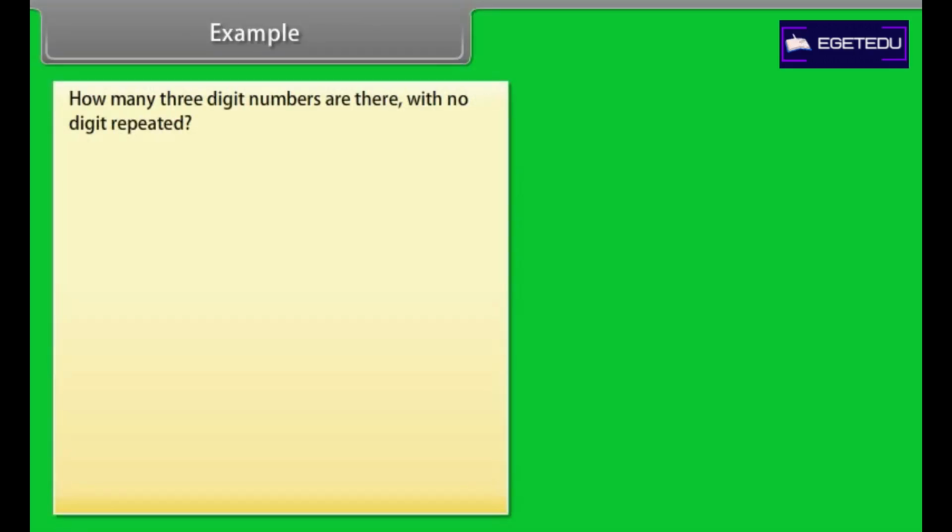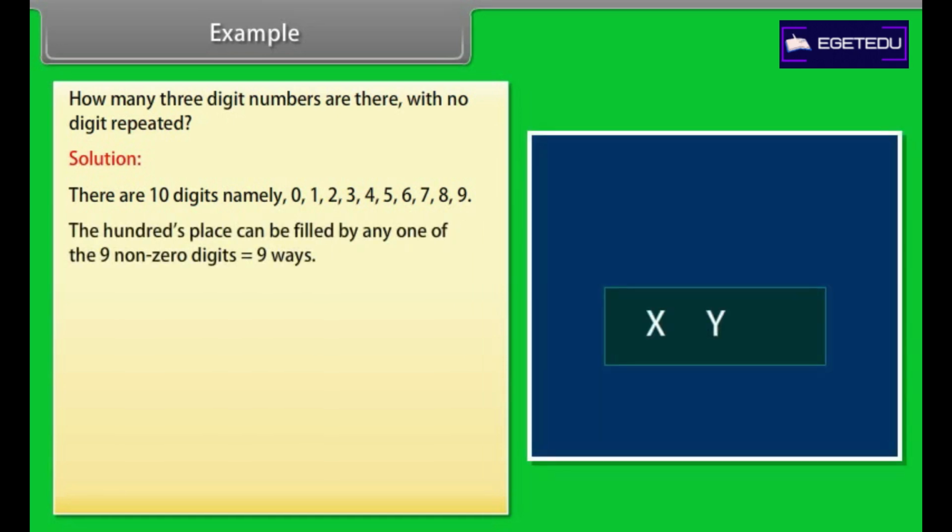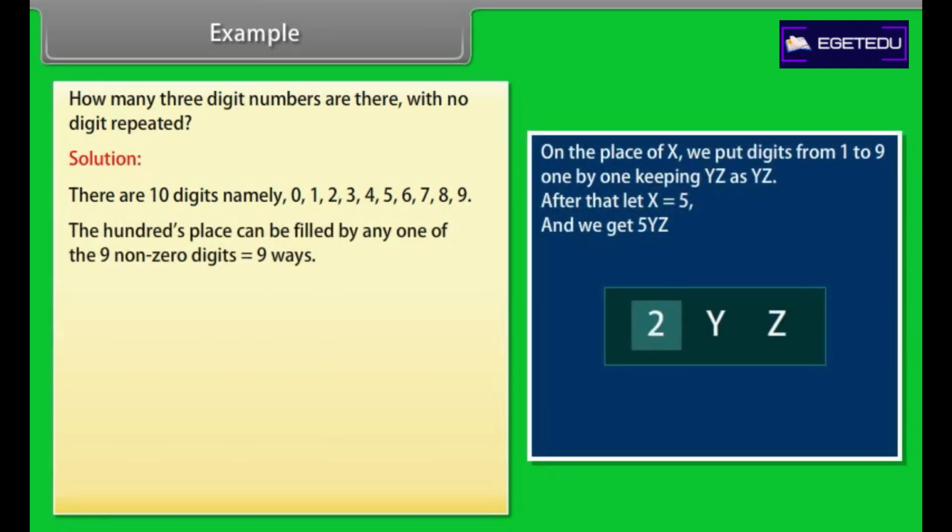Example: how many 3-digit numbers are there with no digit repeated? Solution: there are 10 digits, namely 0, 1, 2, 3, 4, 5, 6, 7, 8, 9. The hundreds place can be filled by any one of the 9 non-zero digits, which is 9 ways.